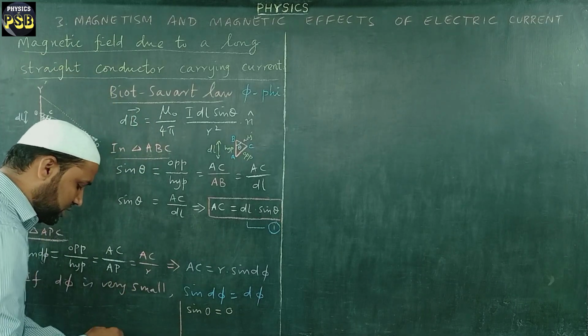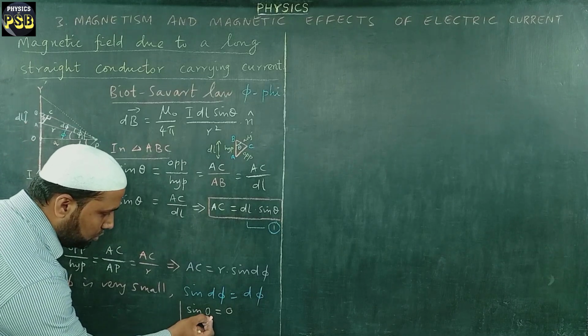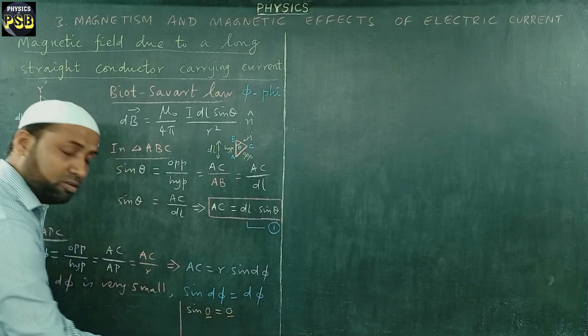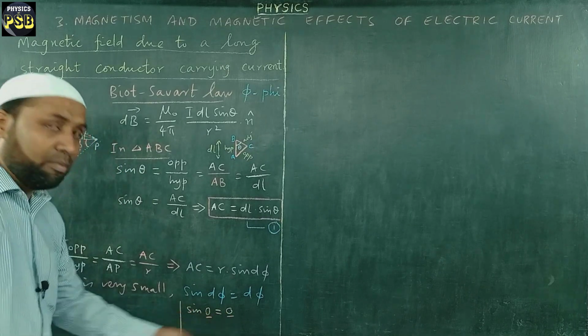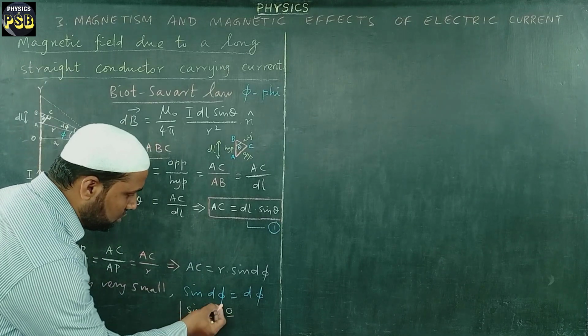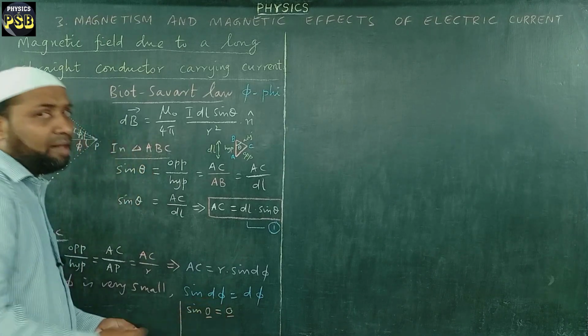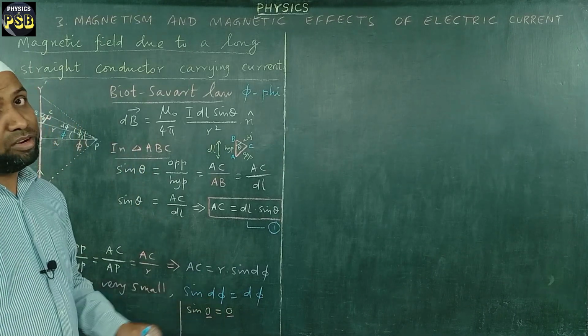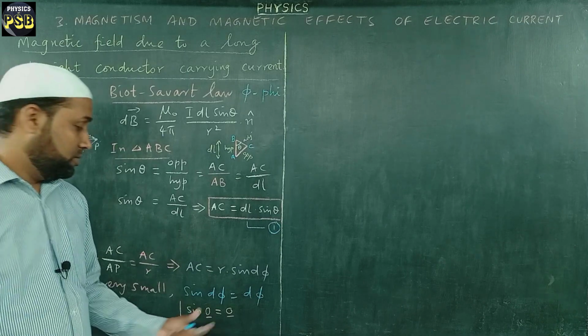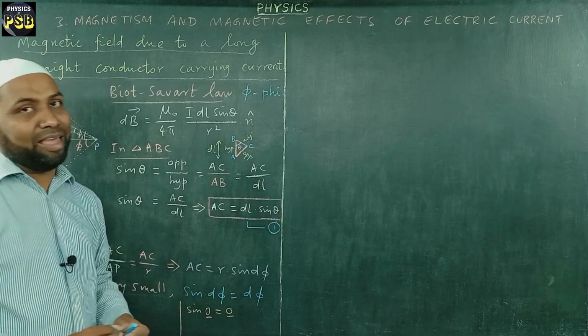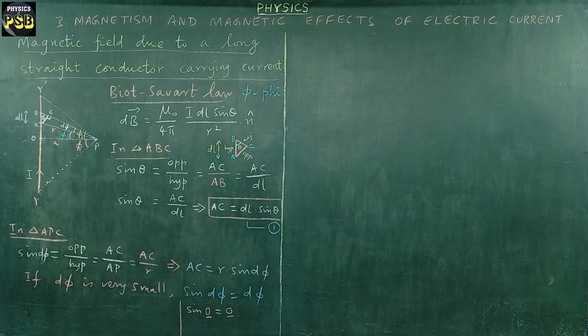If you look at this carefully, here the angle is 0 and the value obtained is also 0. This happens only when the angle is small. If sin of 0 is equal to 0, then sin of d phi can be d phi, if it is a small angle, or if it has got a small value. I hope I have made it understood.